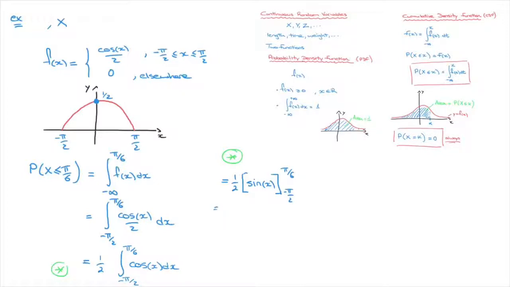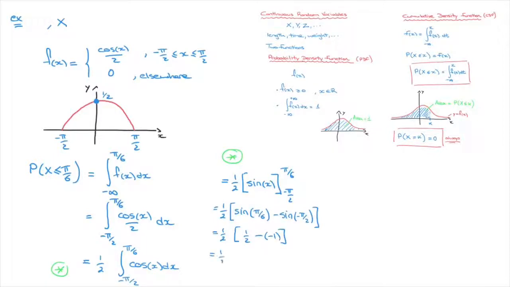So that's equal to 1/2 times sine of pi over 6 minus sine of negative pi over 2. And sine of pi over 6 equals 1/2, and sine of negative pi over 2 is equal to negative 1. So we have 1/2 times 1/2 minus negative 1.